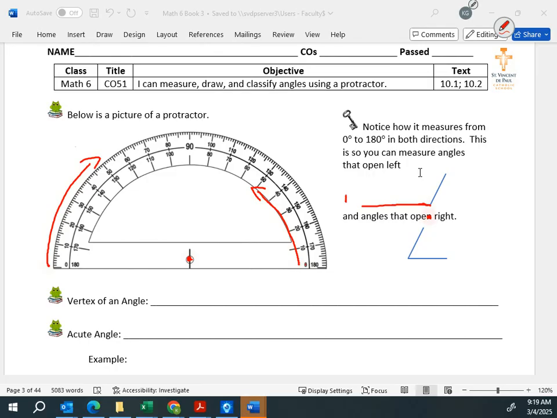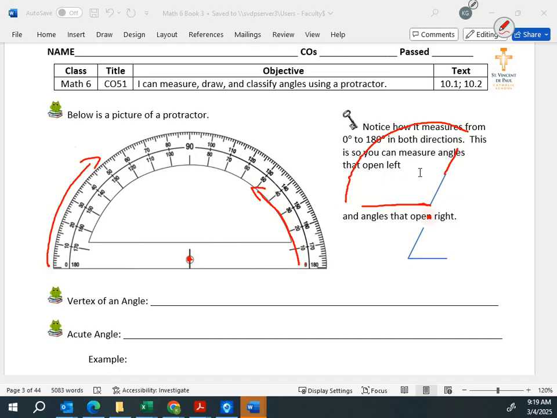So we are going to follow around that protractor to where this line, if we extend it up, we can see how many degrees it would be. So extend this line up to the outside number, because we're following the outside of our protractor, going from 0 all the way up.